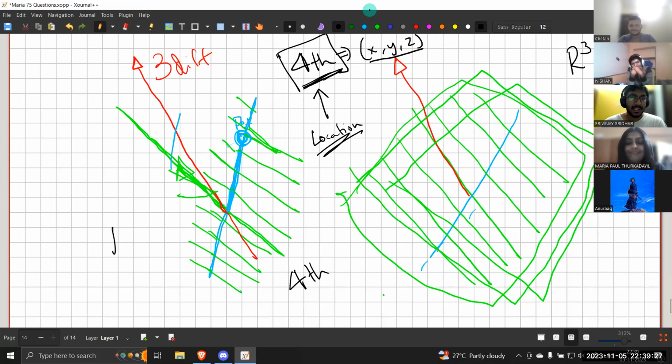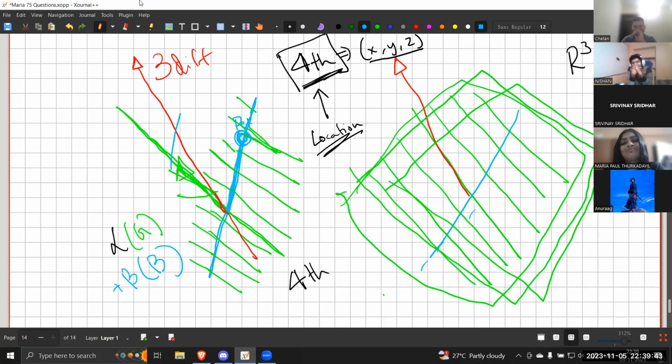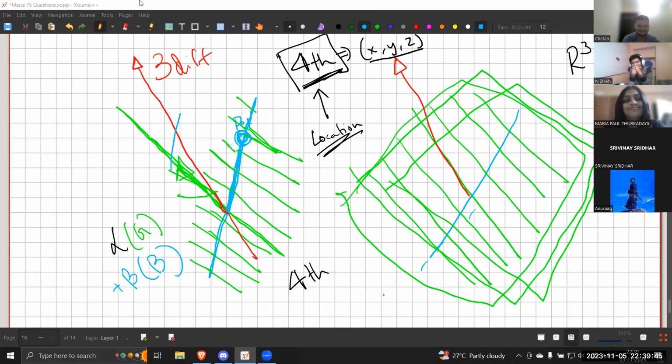If I was alpha times green plus beta times blue, I'm sorry if that's confusing. So moving one step along blue is nothing but keeping beta equal to some constant and varying alpha, right? That's what it means.